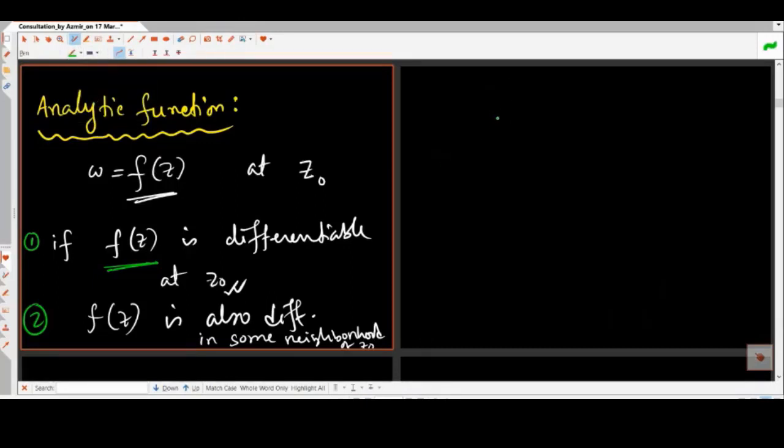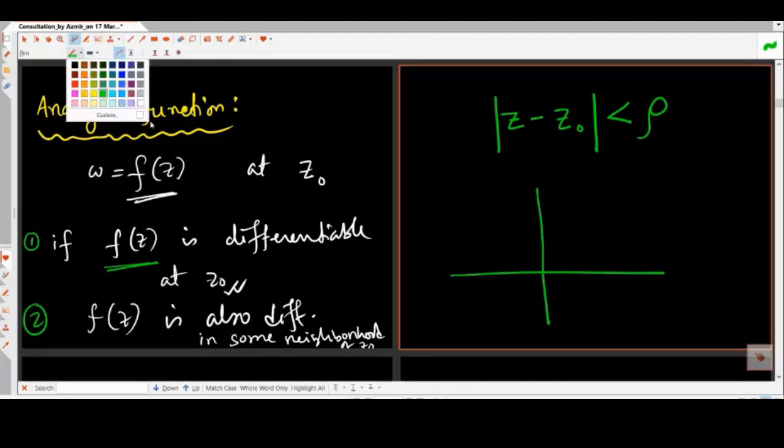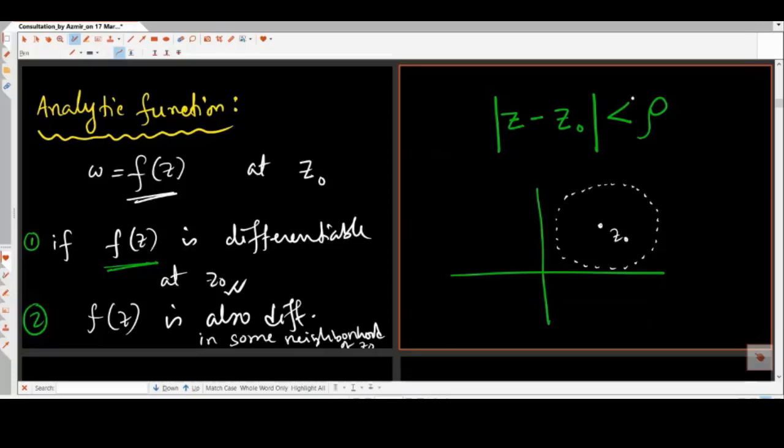Perhaps you can remember that modulus of z minus z0 less than rho defines an open disk. It defines an equation of a circle at center z0, and it will be an open disk. Since we have this inequality less than, we have this inside region.